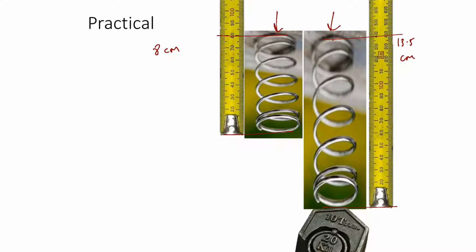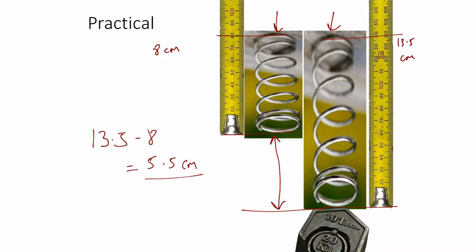And as I said earlier, what we're interested in is finding how much the spring has extended by. So it's a case of doing a quick calculation. So 13.5 take away 8, which of course gives us an extension of 5.5 centimetres.